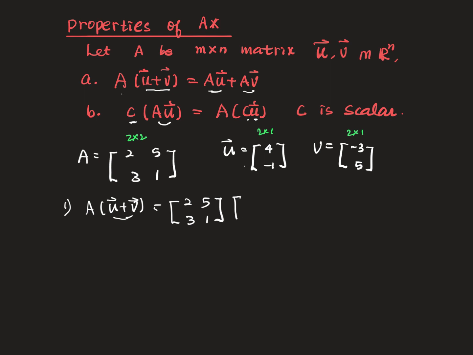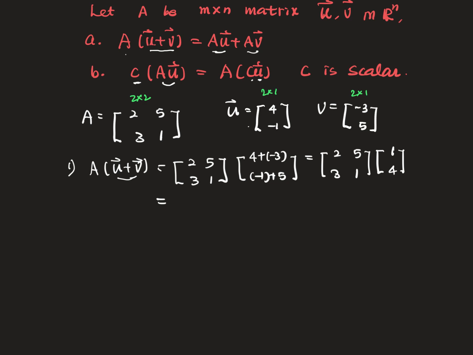Addition of two vectors, guys. Addition: 4 plus negative 3, negative 1 plus 5. So you have 2 and 5, 3 and 1. What is the addition of two vectors? 1 and 4. Guys, remember how to do the product of matrix and vector?